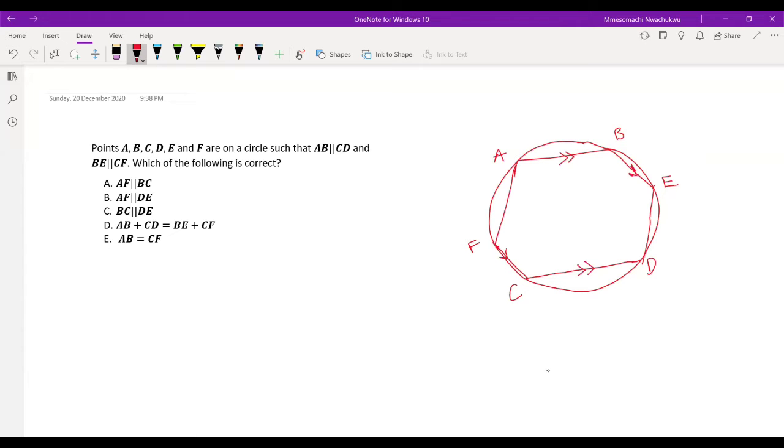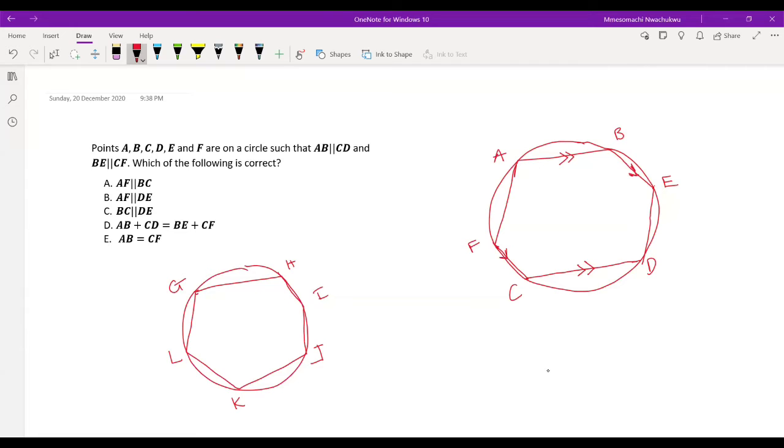So first of all, what do we know about a cyclic hexagon? Well, not so well known. But if a hexagon is cyclic, let me say this is a random hexagon. I'll use a set of different letters from what's already in the question. So let's say G, H, I, J, K, L is cyclic.